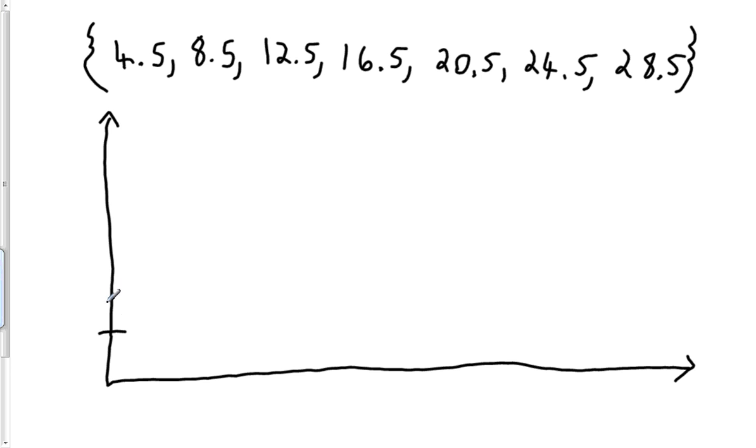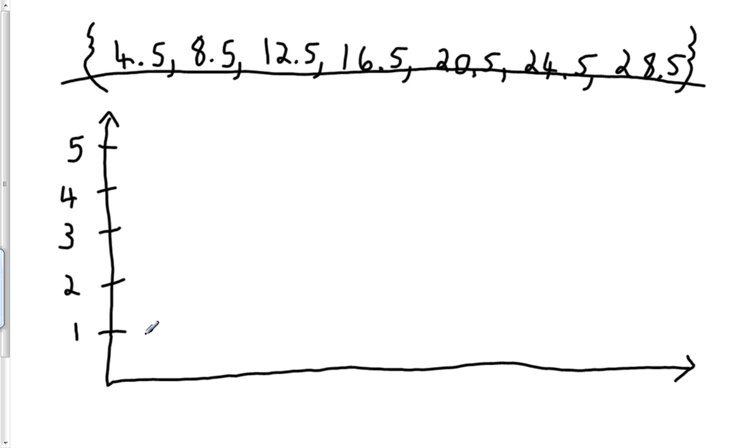So 1, 2, 3, 4, 5. So this axis will represent frequency. The height of the bar will tell me what the frequency of that class is. So I'm going to make vertical bars. Now on my horizontal axis, I'm going to put my class boundaries. This set of class boundaries is basically going to be transposed onto my x-axis.